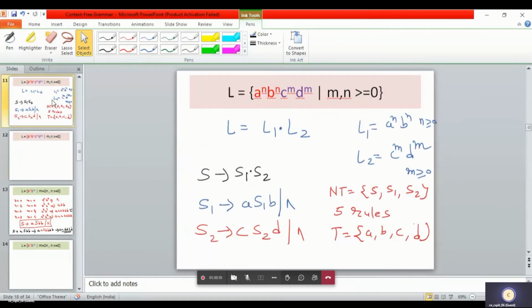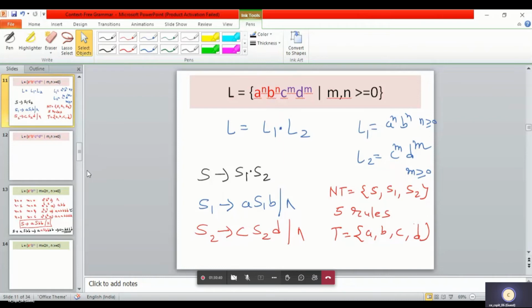You can see any example which we have gone through. Right? Let us see this. You can see that we have a context-free grammar. We have a set of non-terminals S, S1, S2. We have a set of terminals which are represented as sigma. Here it is A, B, C, D. We have a starting symbol of the grammar which is S, and we have a set of rules.